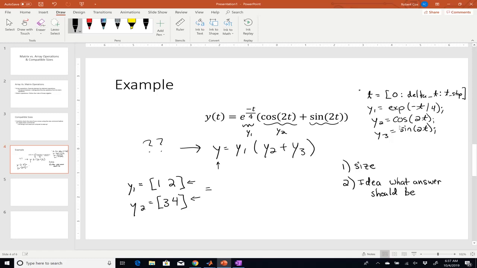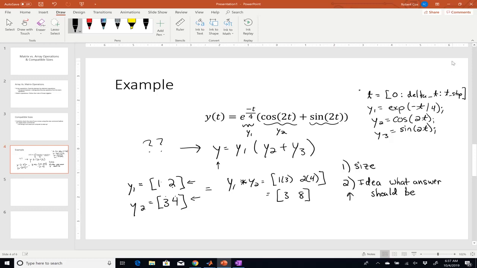So the result that you would expect from doing y1 times y2 would be 1 times 3, so the first entry in y1 times the first entry in y2, and then another entry, which is the second entry in y1 times the second entry in y2. So I would expect something like that. All right? That's what you want to have happen. Okay, so this is my key second point here. I want to have an idea of what my answer should be.